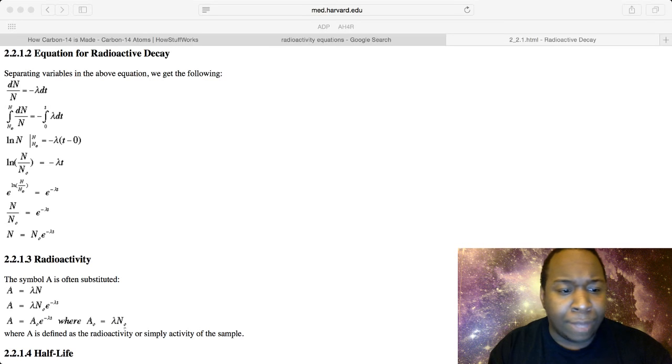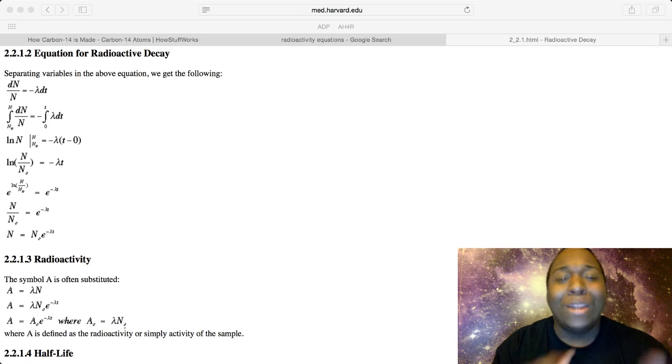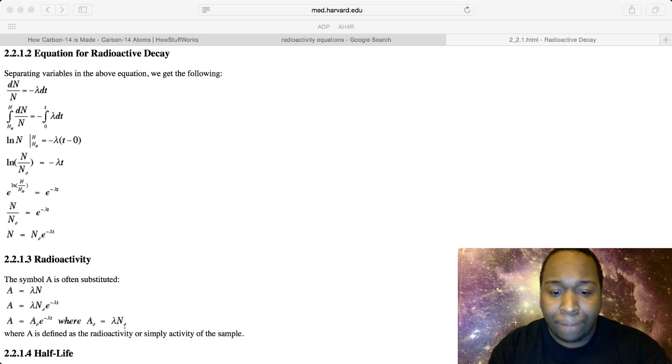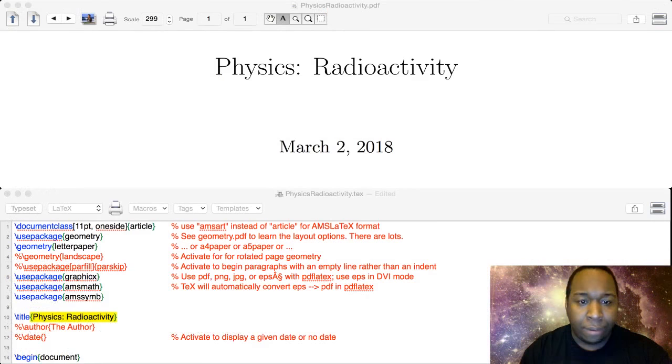So let's see. Where was I? Sorry. We wanted to calculate how many carbon 14 isotopes there are in a human body, assuming that the average human body is 200 pounds. All right, so let's go ahead and switch over to our tech sheet. It's now 12:17.